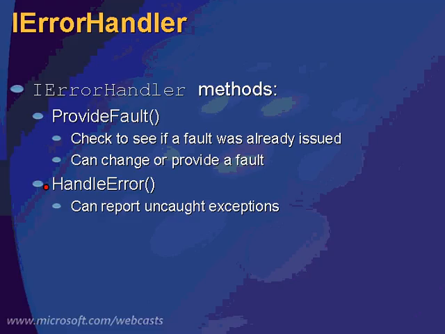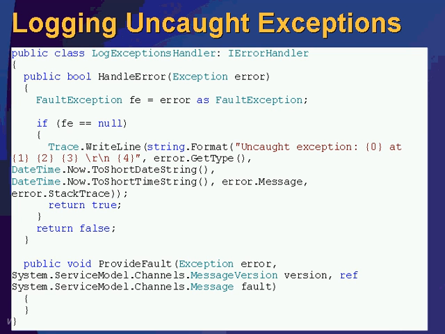And then the other thing is HandleError. That's your opportunity, after the fault has already been more or less returned to the client or the exception, to say, hey, I'd like to report details to an administrator that a fault or an exception did happen. So how it might look is, HandleError could log uncaught exceptions in this way.